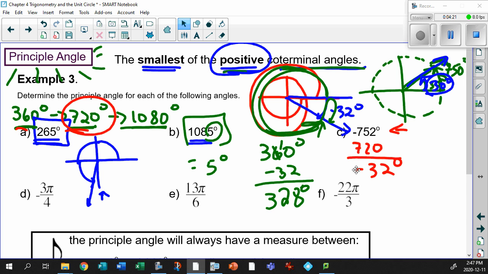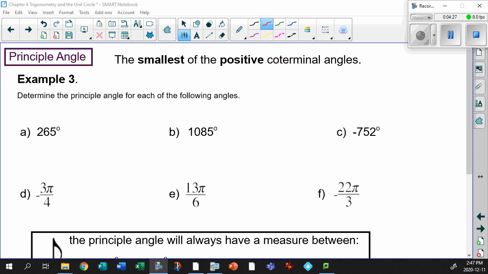What happens when I throw radians at you now? Oh, same. Watch. Start thinking of this now in terms of 2 pi. But again, like I said before, always convert it to whatever the denominator is, right?